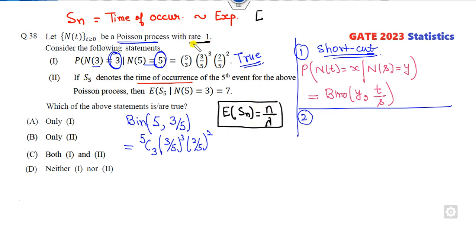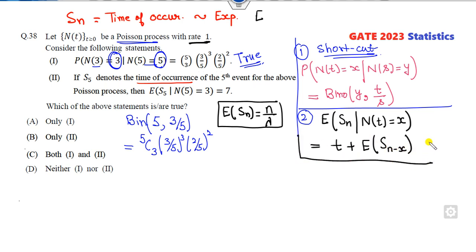Lambda is the Poisson rate. Now what is the shortcut tip for you? How can you find the expected value of Sn given N(t) is x? It's very simple again. Whatever you have written, it's the time t plus expected value of S(n minus x). That's a simple shortcut tip for you. You can solve this in a very simple manner.